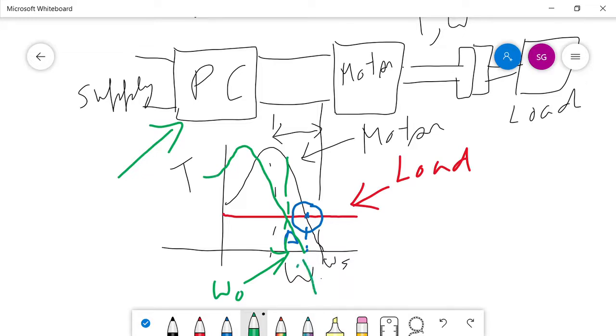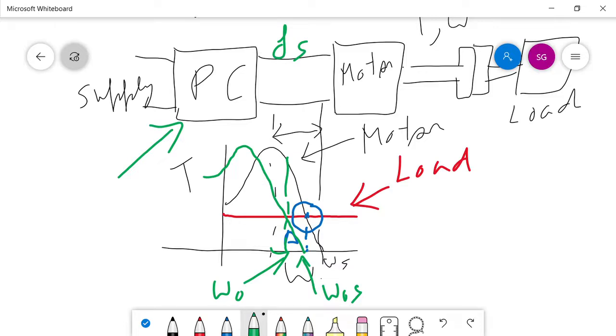Now this will be your new synchronous speed. Now here you can see that at omega naught, the load torque is matching the motor torque. And what we have done is just control the supply frequency, to shift the motor characteristics such that it matches the load.